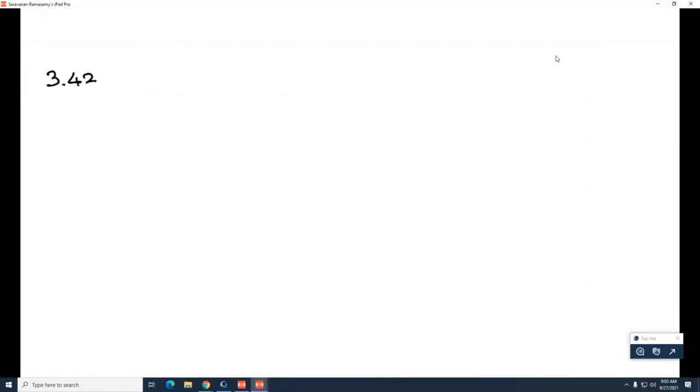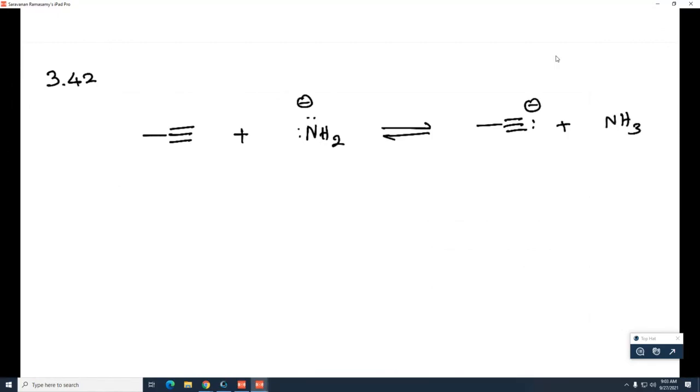The reaction is this, plus NH2 with a negative charge, gives the conjugate base and a conjugate acid, NH3. The question is, can you use ethanol as your solvent?